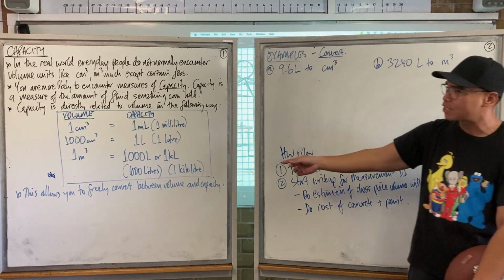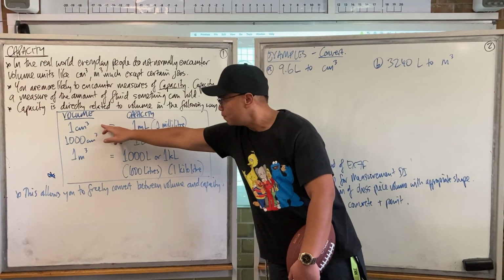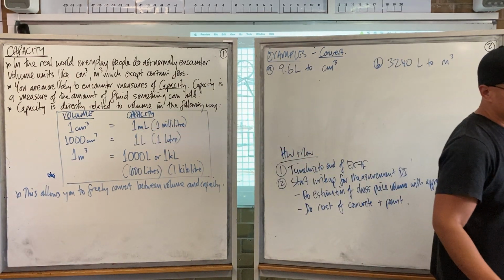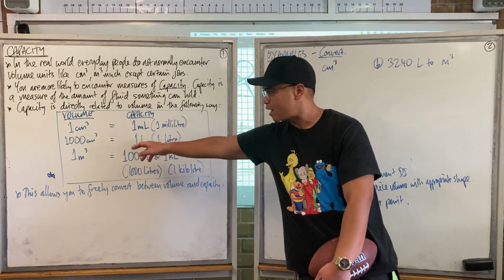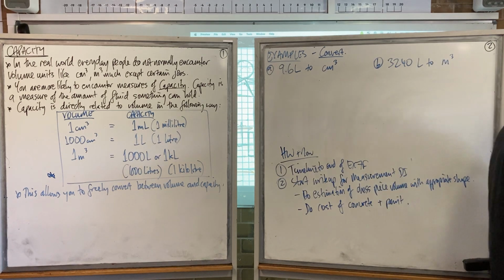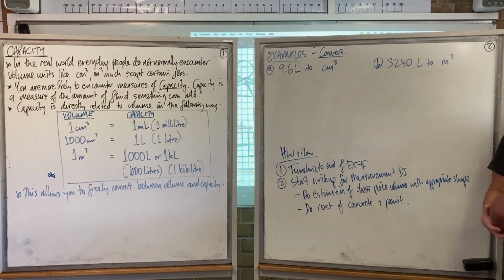So there's a direct connection between volume and capacity. 1 milliliter is exactly 1 cubic centimeter. 1 liter is 1,000 cubic centimeters. 1 cubic meter is 1 kiloliter. Do some exercises. Then I'll officially start your assignment, which you've done most of already. Well, actually half.